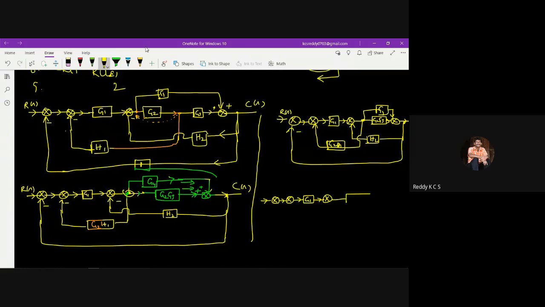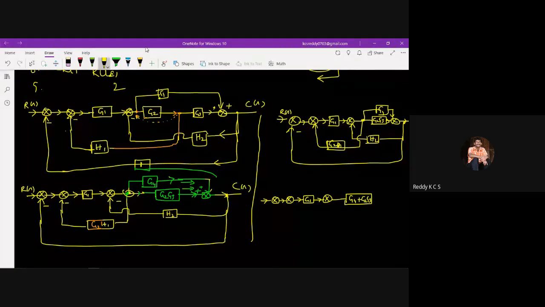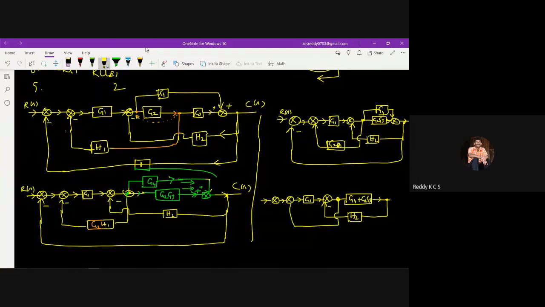That is, we can keep it as G4 plus G2 G3, because we are adding the block gain values which are parallel, and that's all. And here one summing point will be there, which is coming towards this, with the minus, and this is the H2. And one more takeoff point will be here, that is to this summing point.